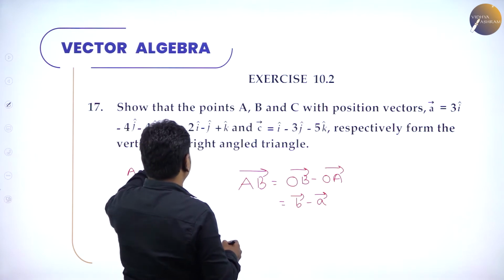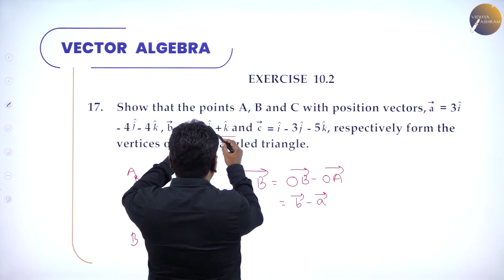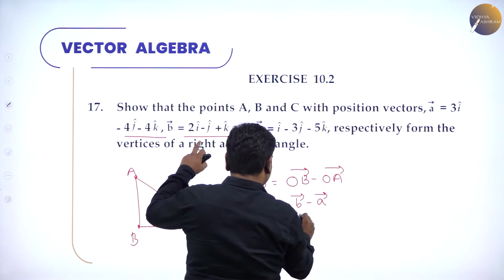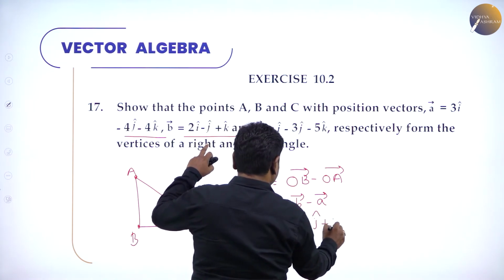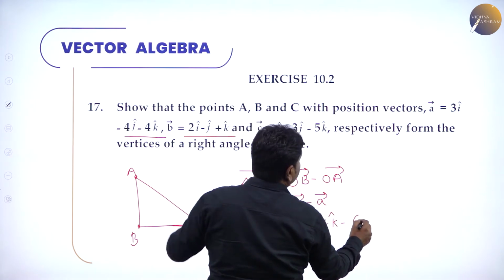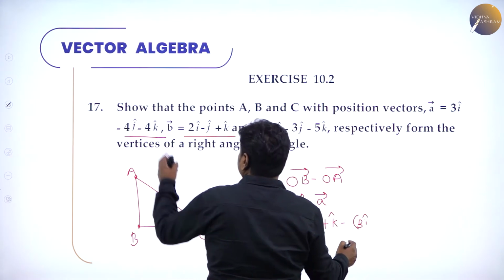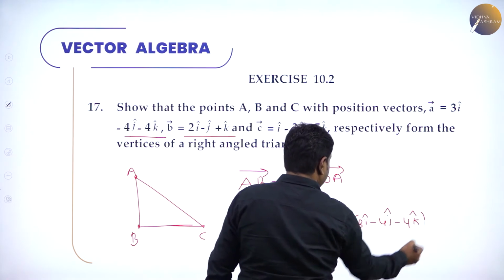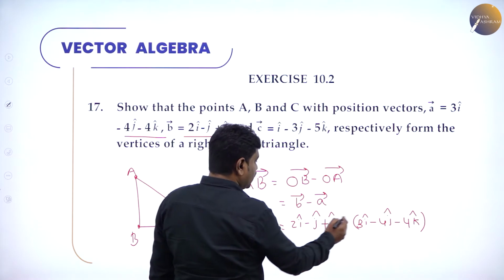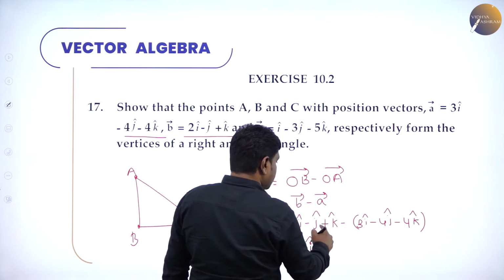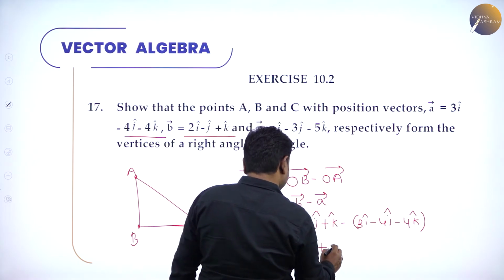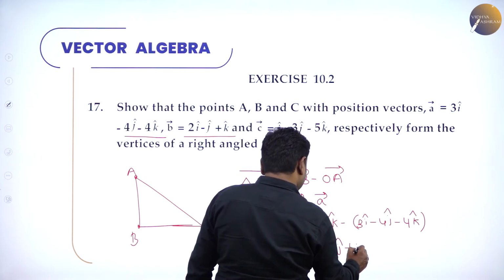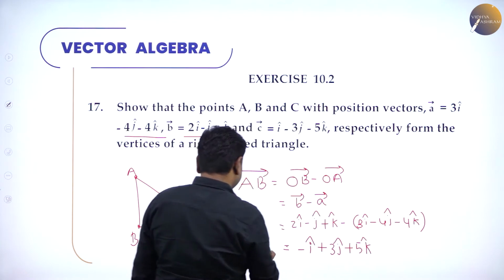So now B minus A. B is 2i minus j plus k, minus, what is A? 3i cap minus 4j cap minus 4k cap. So simplify this. 2i minus 3i becomes minus i, minus j plus 4j becomes plus 3j, k minus of minus k, k plus k, 5k. This is vector AB.